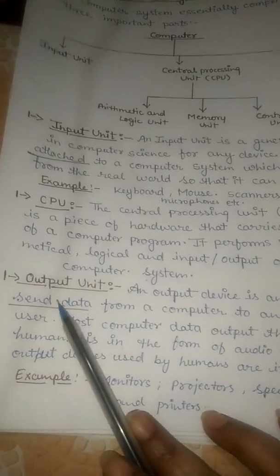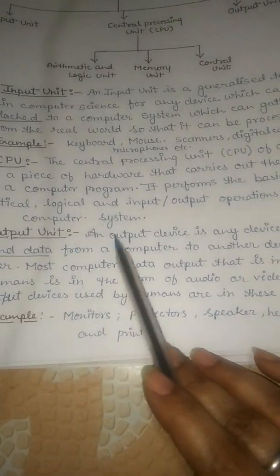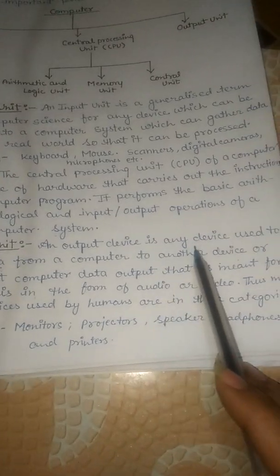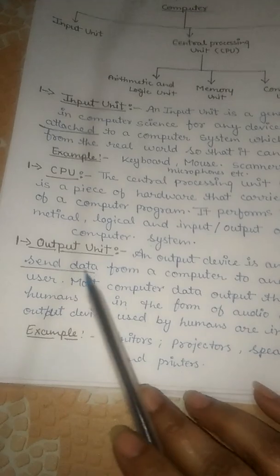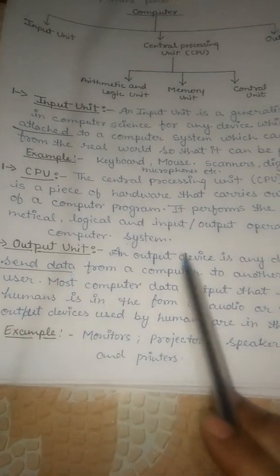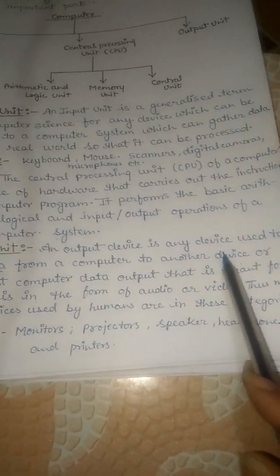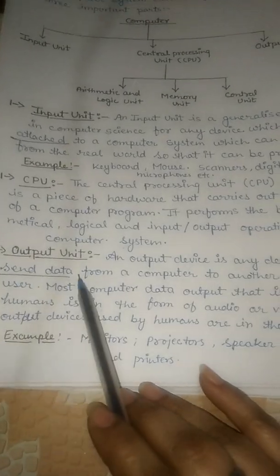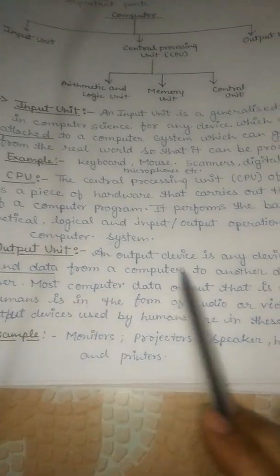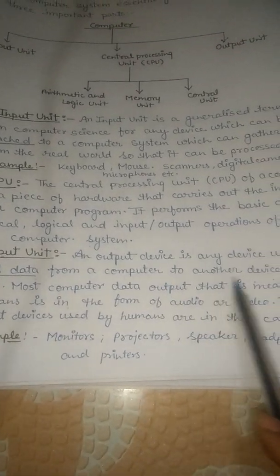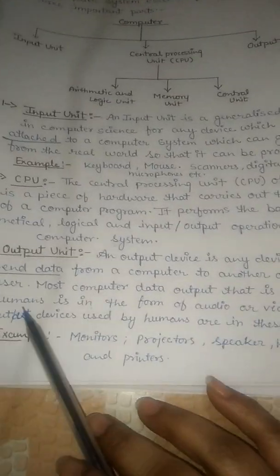So now, next point, output unit. An output device is any device used to send data from the computer to another device or user.